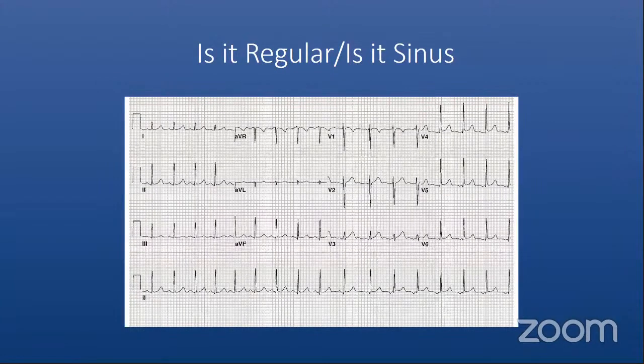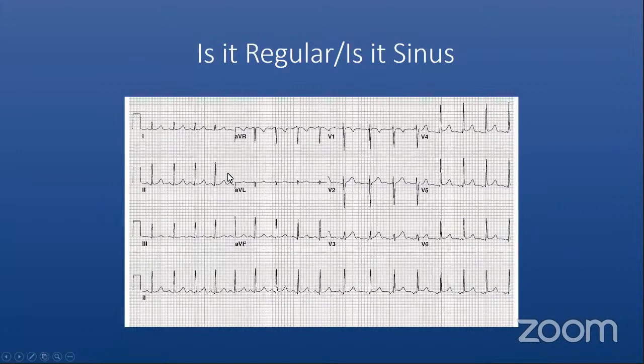Looking at this ECG, does it have a regular or normal sinus rhythm? Look at the QRS complexes. Are these regular? Yes, these are regular. Then we look at the P waves. The P waves there are upright. So it has to be a sinus rhythm. But then when I'm looking at the rhythm lead, I see that there are actually inverted P waves.